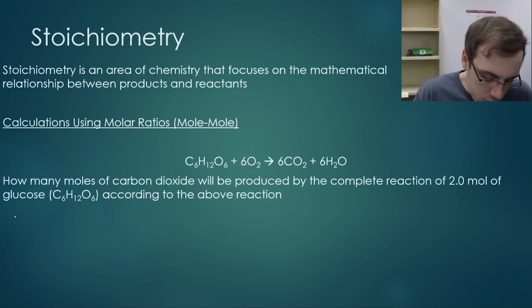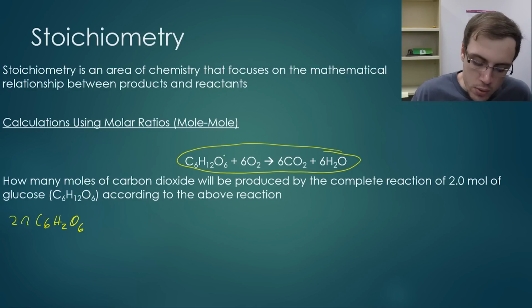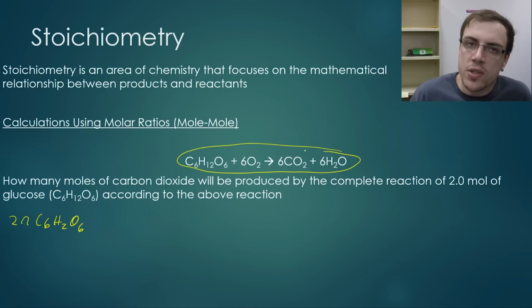So we have 2 moles of glucose. Now we can see here by our balanced equation that for every 1 molecule of glucose, it is going to make 6 molecules of carbon dioxide.